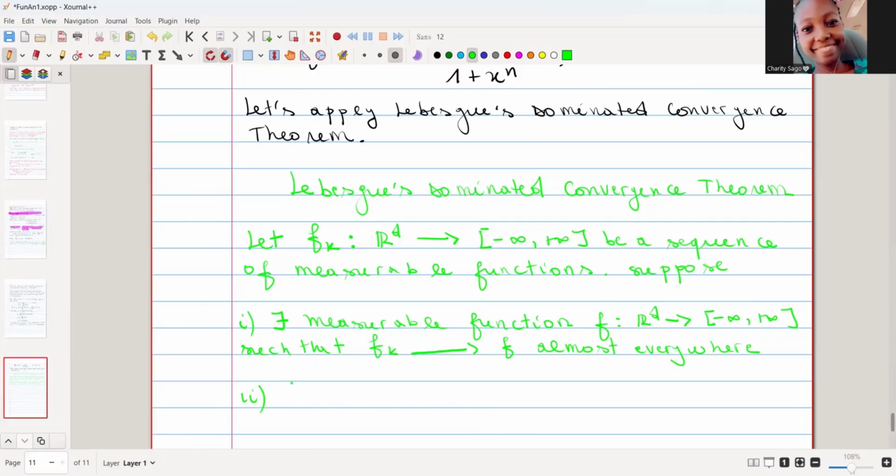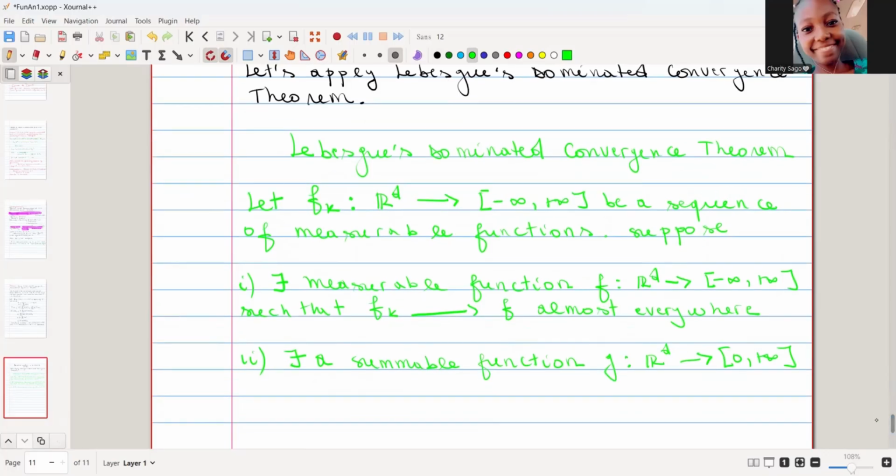The second is there exists a summable function g from Rd to 0, plus infinity. A summable function is just an integrable function, so an L1 function.